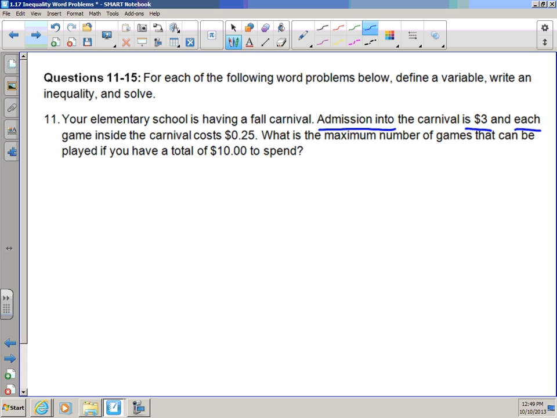Each game is 25 cents. Now, the admission being $3, that's a one-time fee, so we call that a fixed cost. The cost for the game, while the 25 cents itself is fixed, it's a variable cost because my total cost for the games will vary depending upon how many games I play.